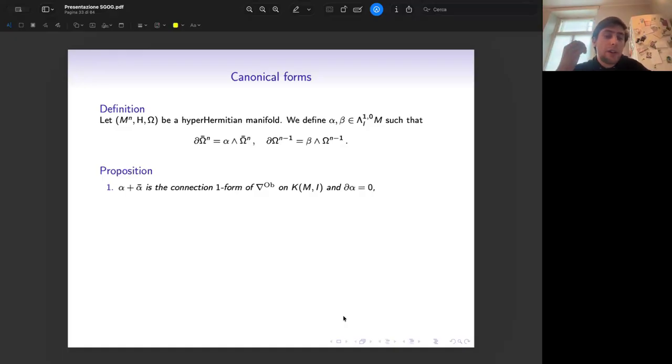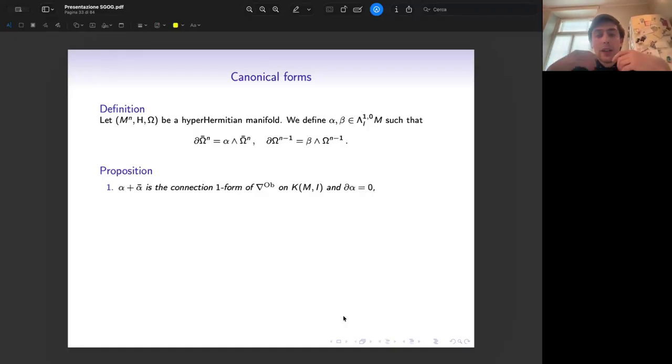So the real part of alpha was already known, and indeed it coincides with the connection one form of the Obata connection on the canonical bundle. And just by its definition, alpha turns out to be del closed.